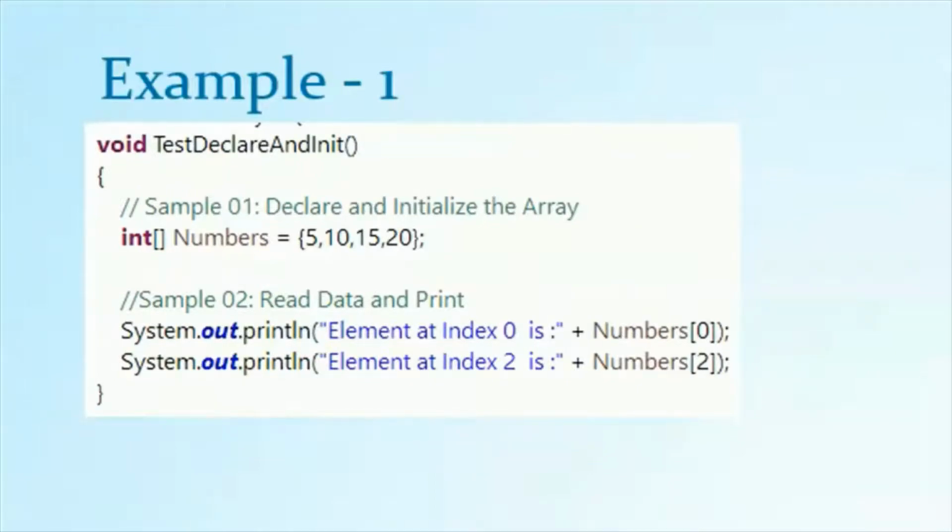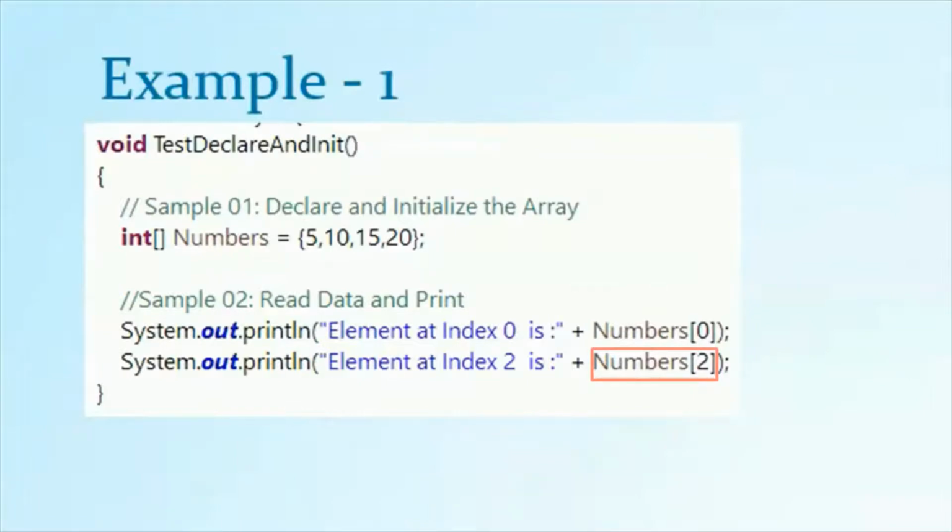Then in the sample 2 part, code snippet 2, we read 2 array elements. First we read the element at index 0. That means from the first location of the array we read the value. Then in the next System.out.println statement we read the third value. Third value means index 2.